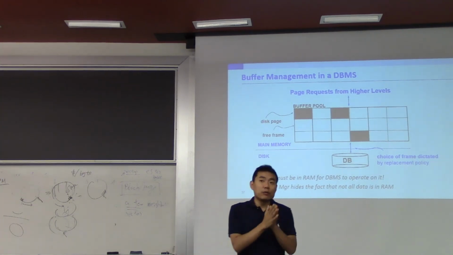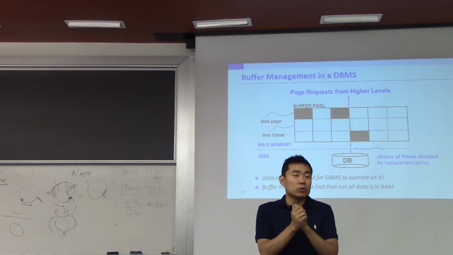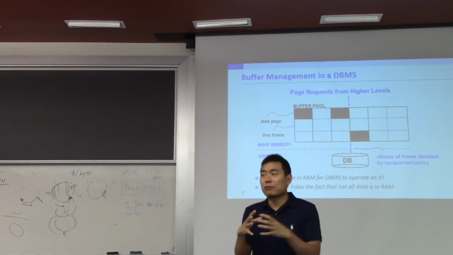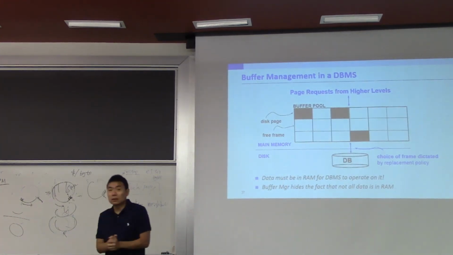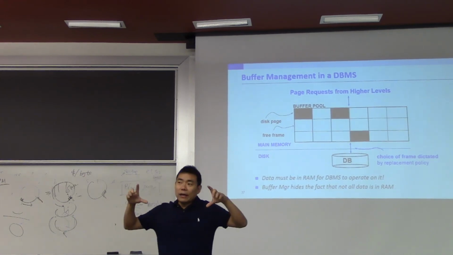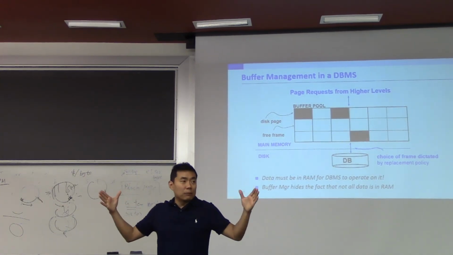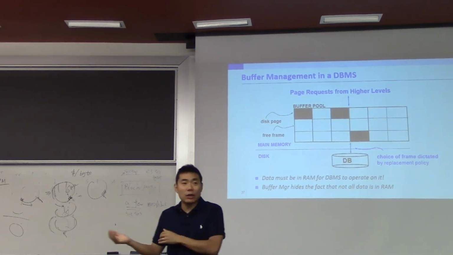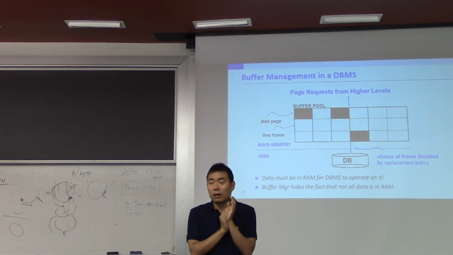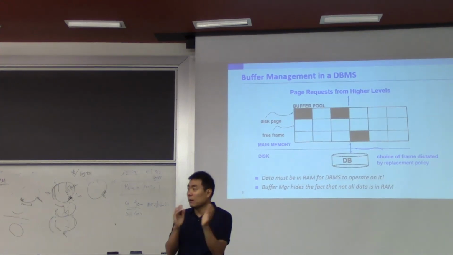Now, the buffer manager. If you understand what I said so far, you will understand why we need this particular module called the buffer manager. Your data is much bigger than your memory capacity, so you have to store some additional data on disk. And because of that, you have to do data transfer from disk to your main memory.